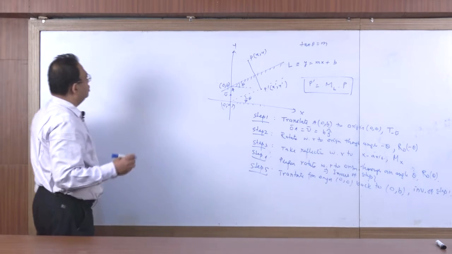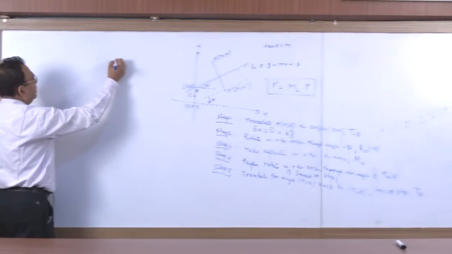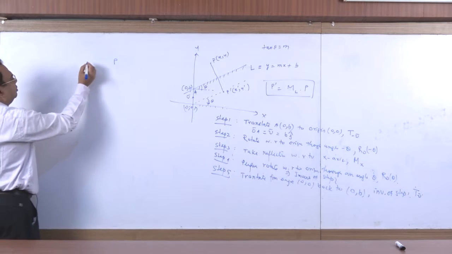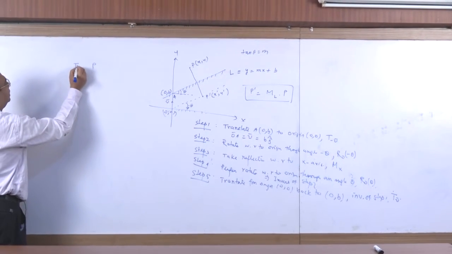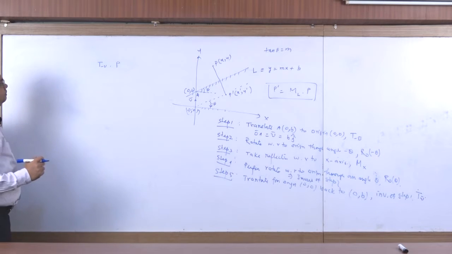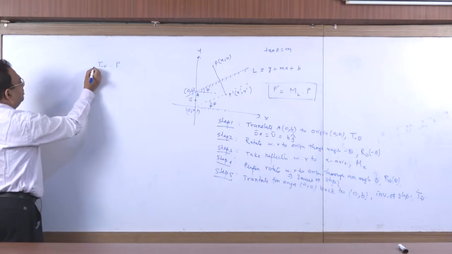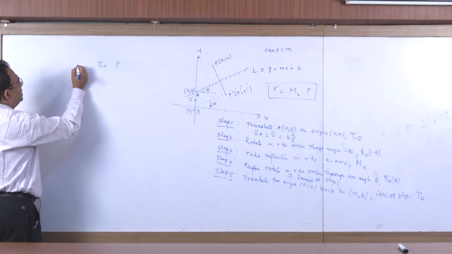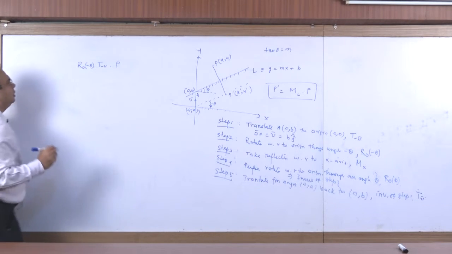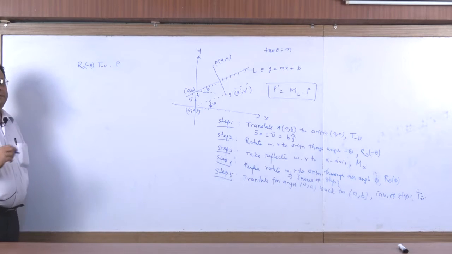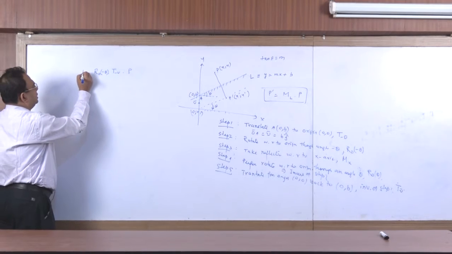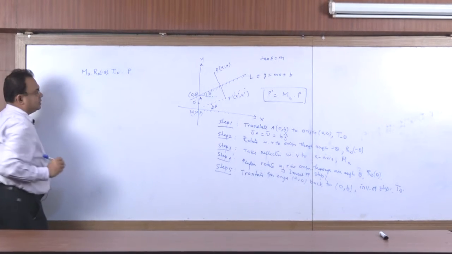Let us see. On any point P, first you have applied T minus V, the operator specified in step 1. With that result, we are applying the operator in step 2, that is R0 minus theta. Then we have applied the operator in step 3, that is mirror reflection with respect to the x axis.